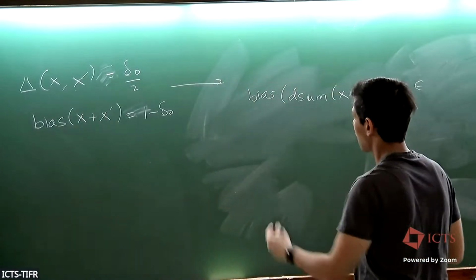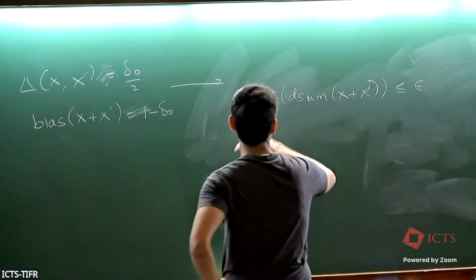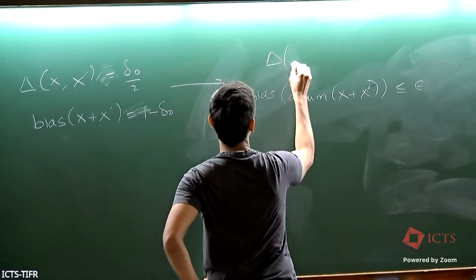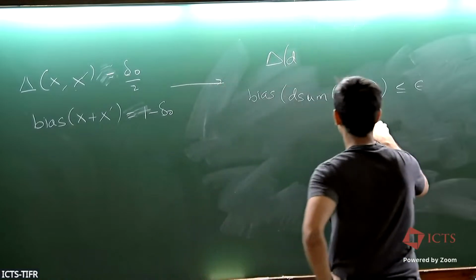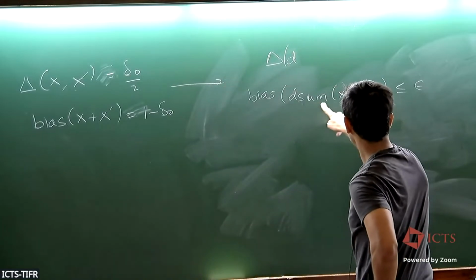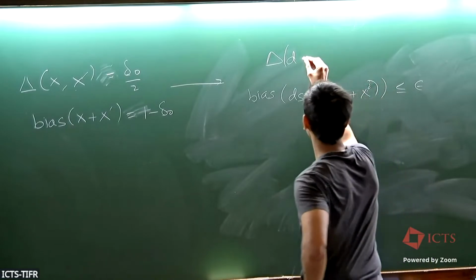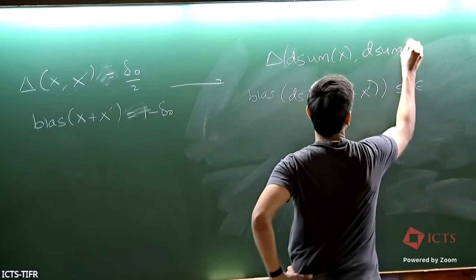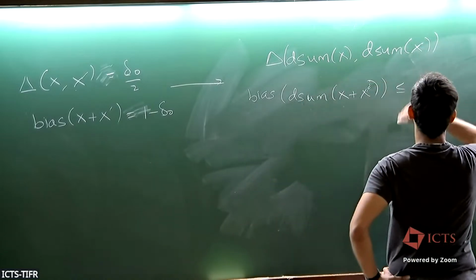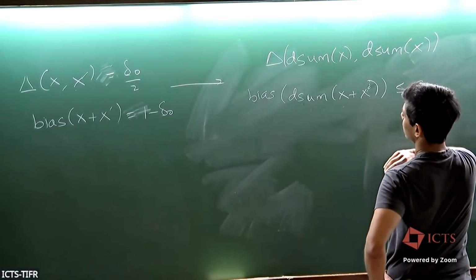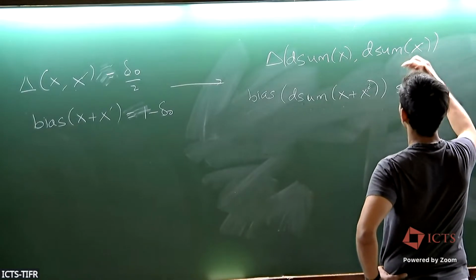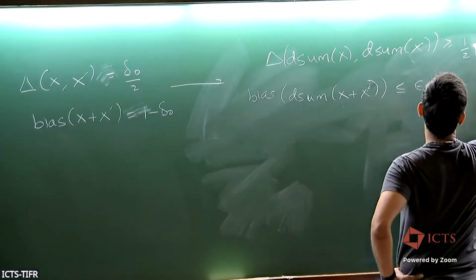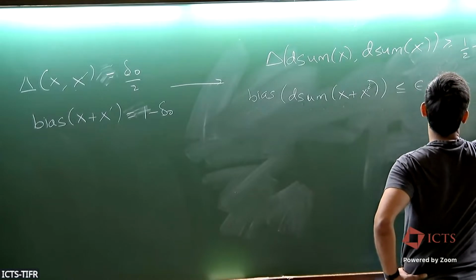And if the bias of the direct sum is small, that also means that if I look at the distance of, so direct sum is also a linear operation. So I can look at this as a direct sum of X plus the direct sum of X prime. And that just means that their distance is greater than or equal to half minus epsilon over 2.